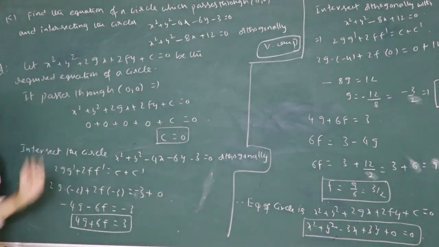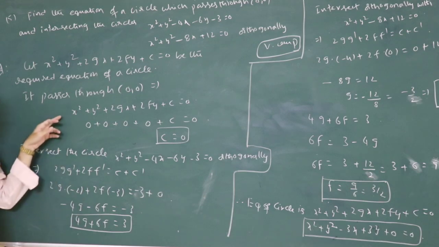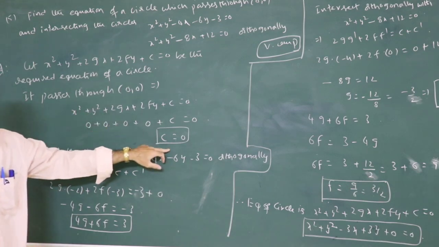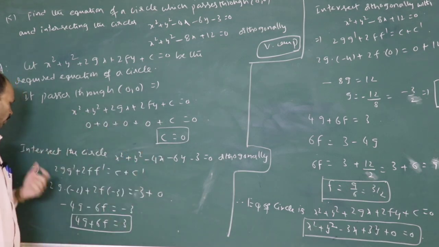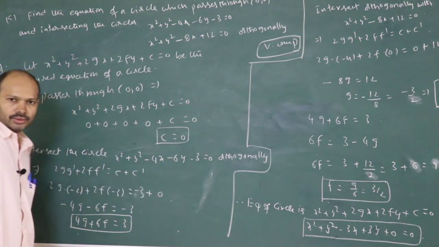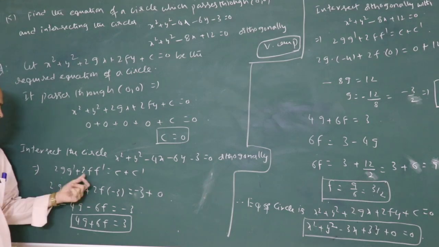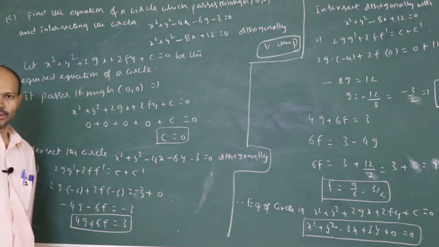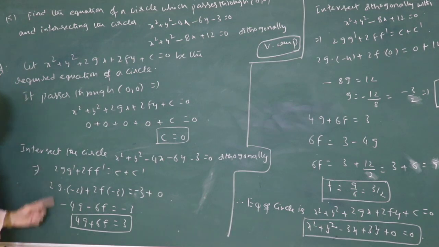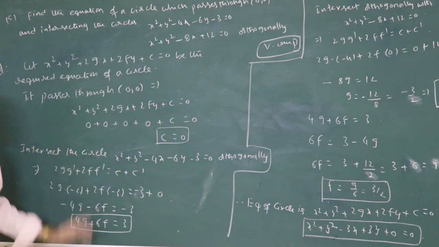Consider the general equation of a circle. Given it is passing through 0, 0, you have c value is 0. Now we can make use of intersecting the circle orthogonally. You know the condition of orthogonality: 2gg dash plus 2ff dash is equal to c plus c dash. By applying it you get condition 1, condition 2.